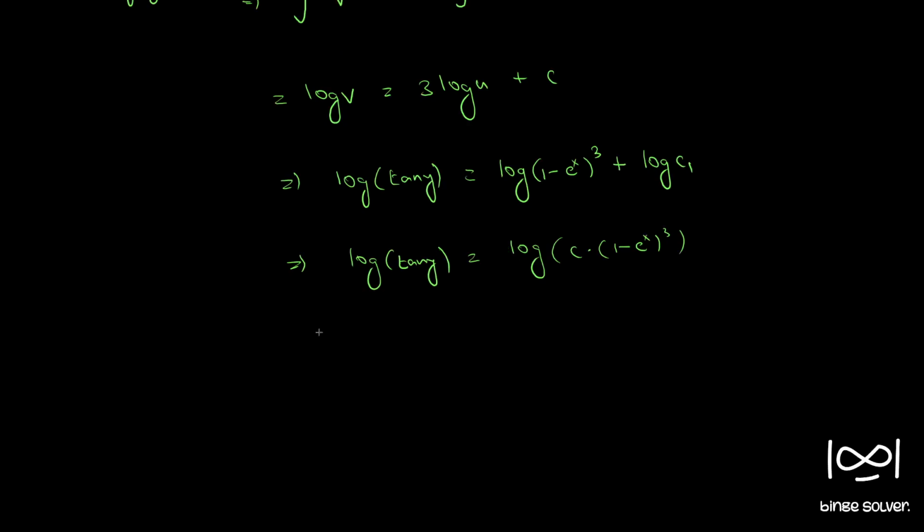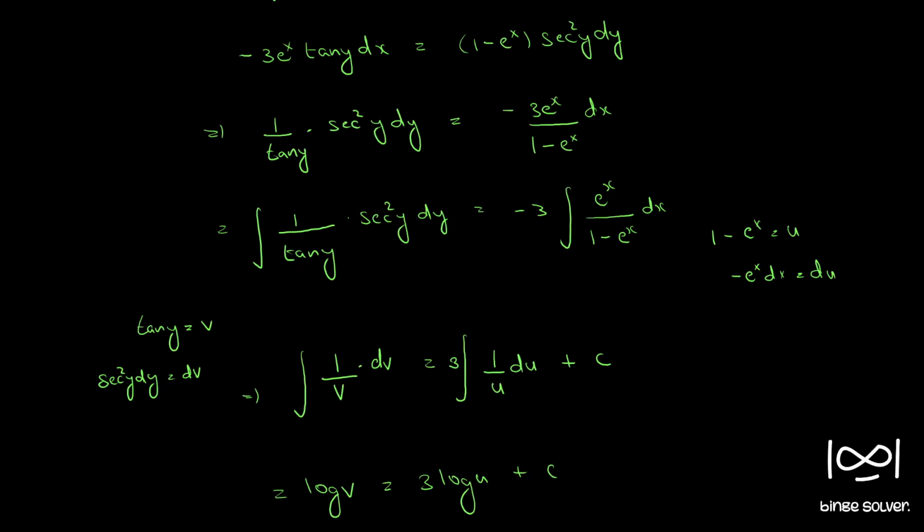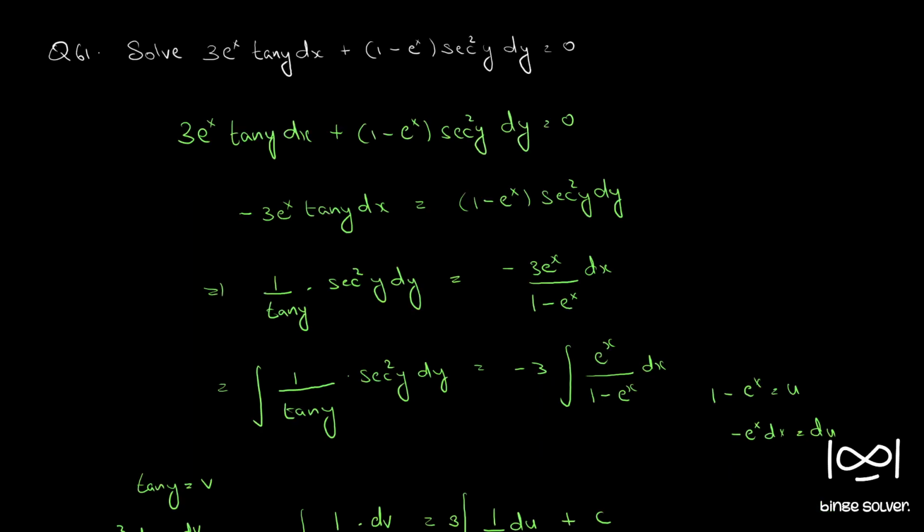Therefore tan y equal to c into 1 minus e raised to x the whole cube. So this is the solution to question number 61.